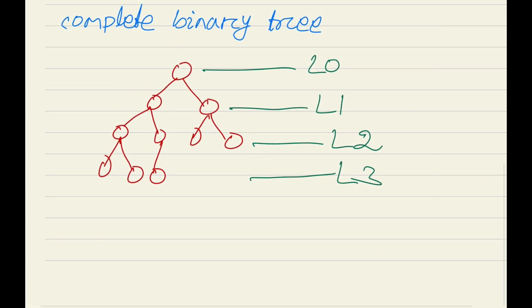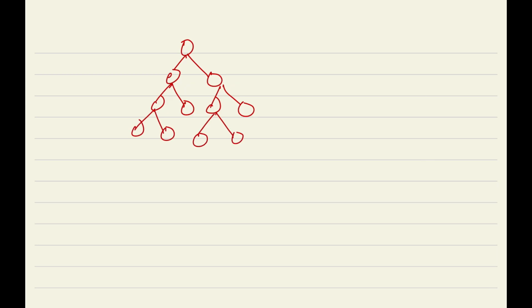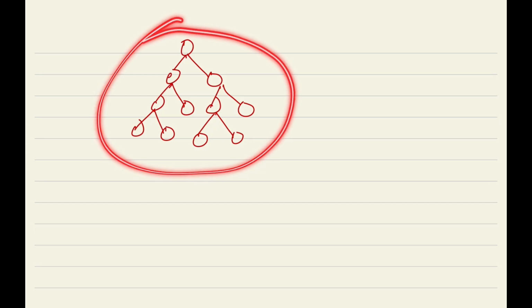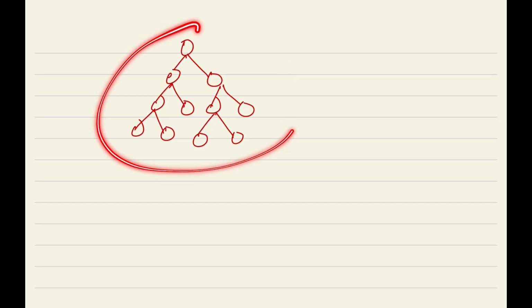Suppose consider another example. Here you can see this is a binary tree. Every node has at most 2 children.